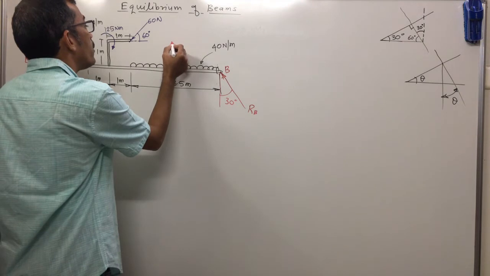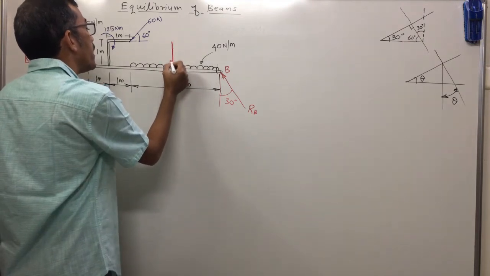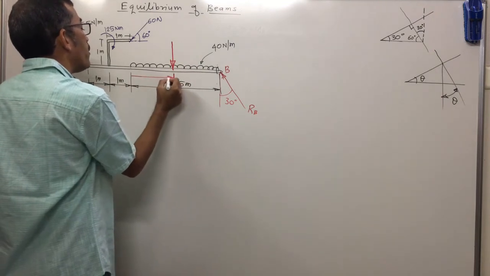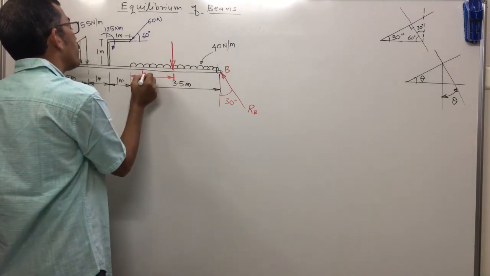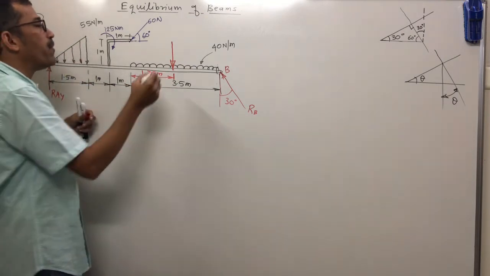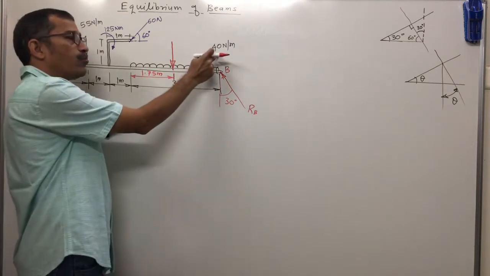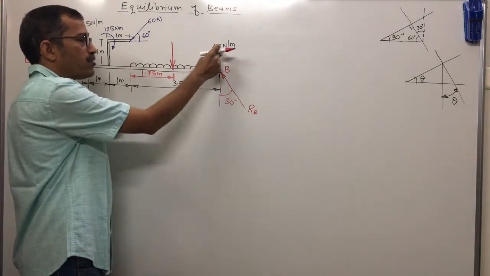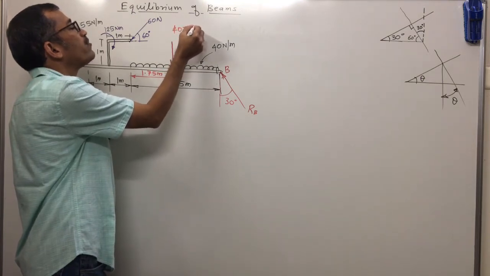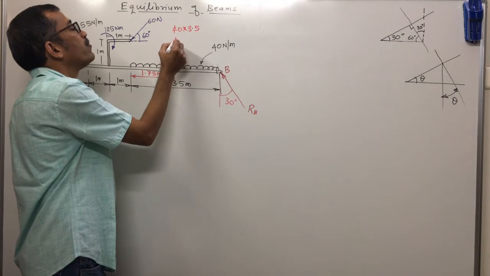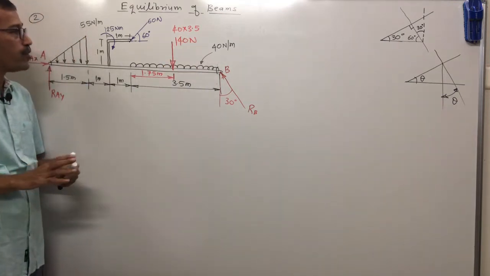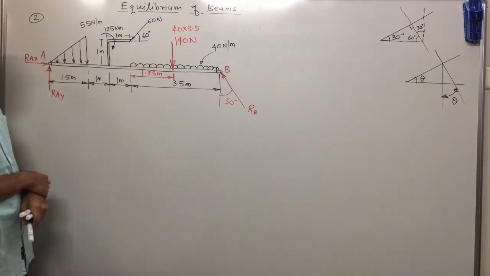So the equivalent of this UDL acts at its center, that means this distance is half of 3.5, which is 1.75 meter. Magnitude of load is W into L, 40 into 3.5, which is 140 Newton.